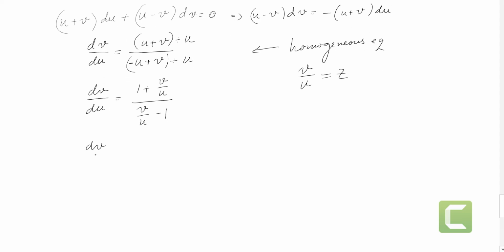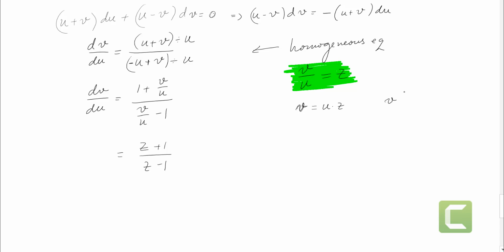I'm going to get (z + 1)/(z − 1) if I use this substitution. But of course, I don't want to have dv/du anymore. So what we're going to do is v equals u times z.